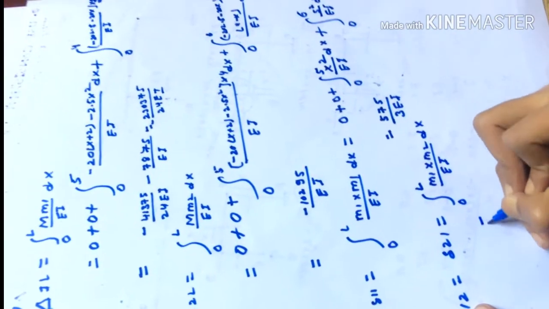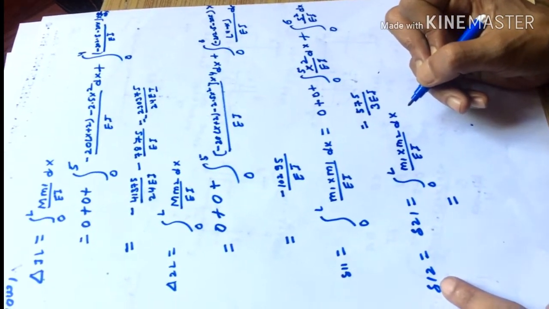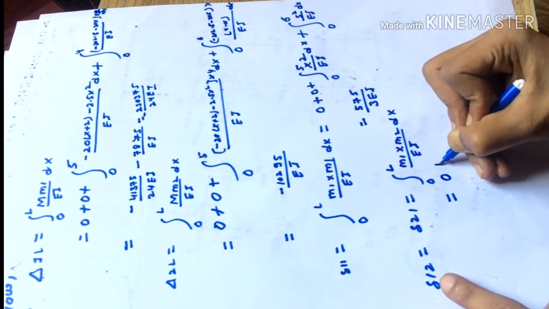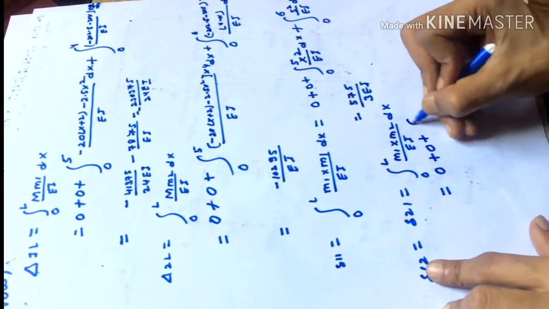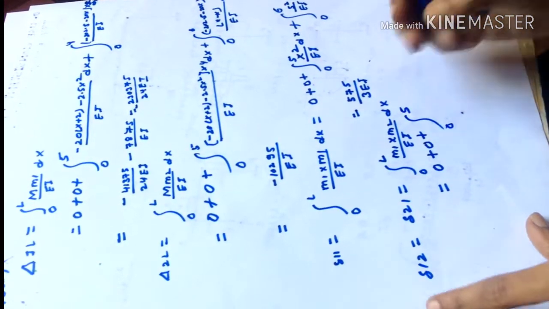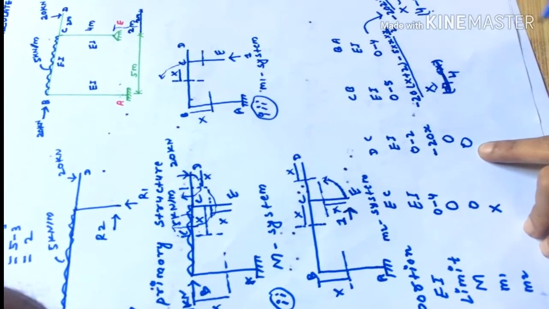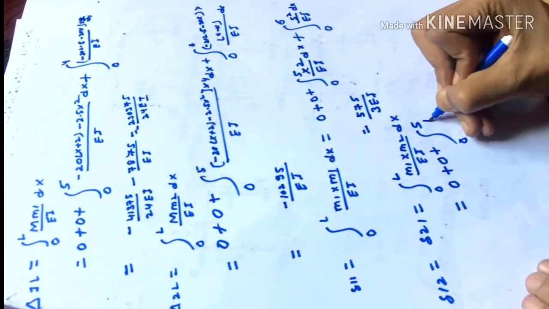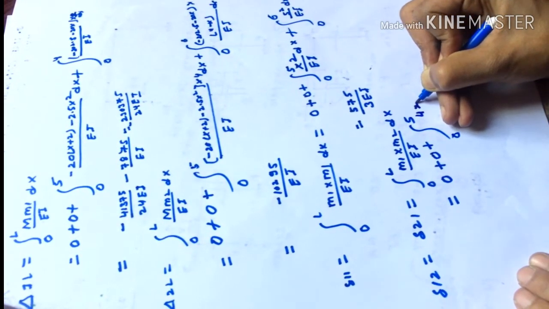Now let us put all these values in table. For portion EC and DC, 0 plus 0, and also from table, let us put m1 into m2, that is 4 into x, that is 4x.